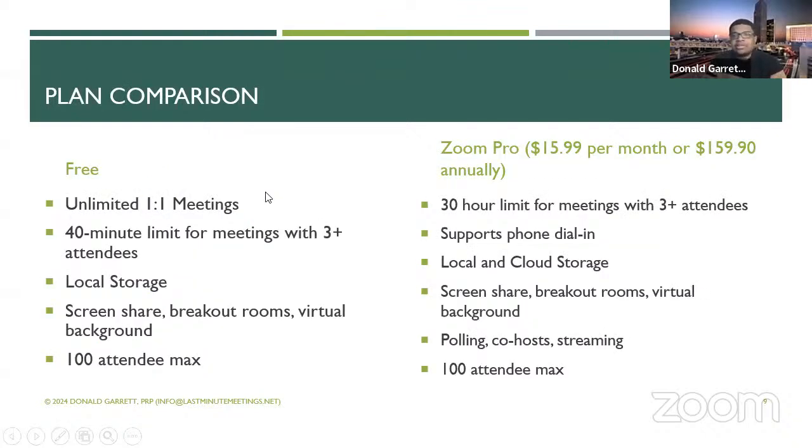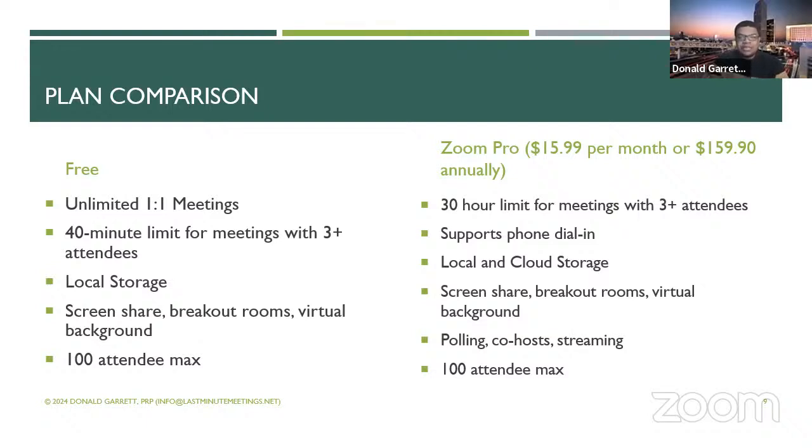So like I said, there are so many different software packages that they offer, but the two main plans for Zoom meetings are their free plan, and then there's Zoom Pro, which is the lowest paid option. For the free plan, if it's just two people in a meeting, one-to-one, you can have a limited number of those meetings for whatever duration you want.